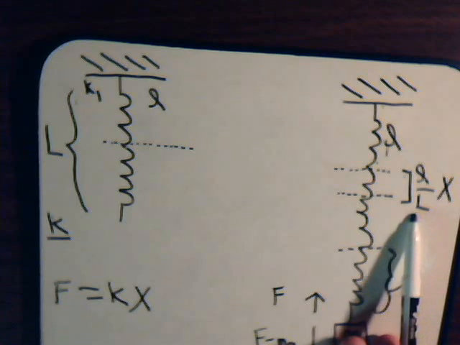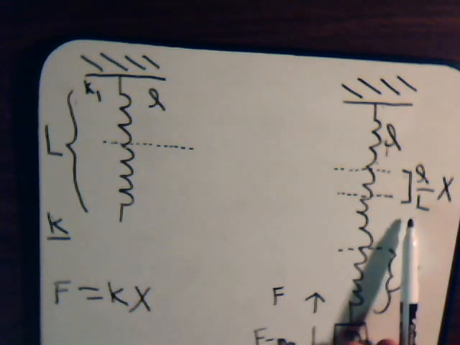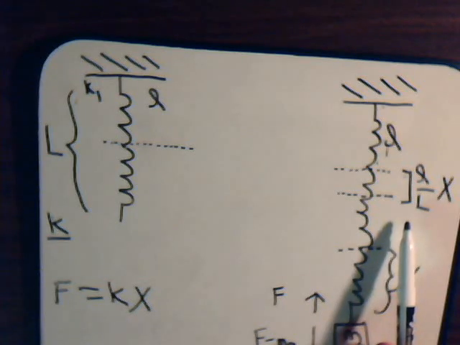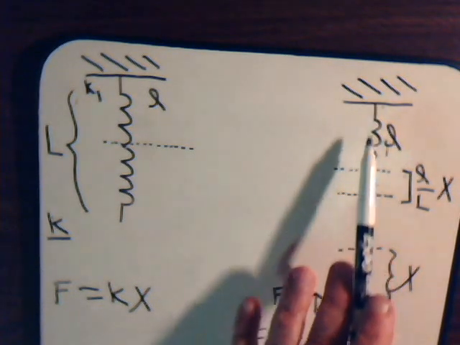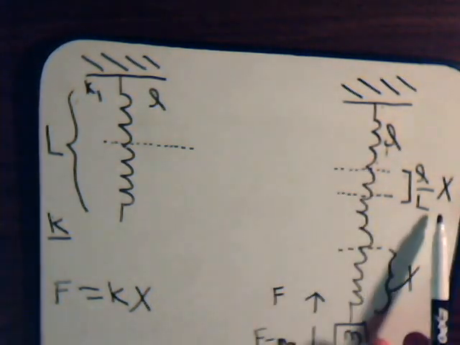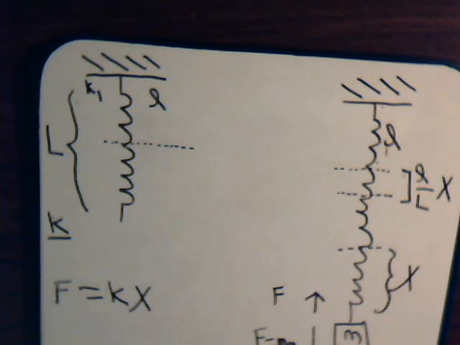See if you can convince yourself that's true. If you're not entirely convinced, look in video 10, and you will see that we derived this relationship in more detail. But indeed, if the bottom of the spring gets stretched out this distance, any part of the spring along the way gets stretched out this distance.